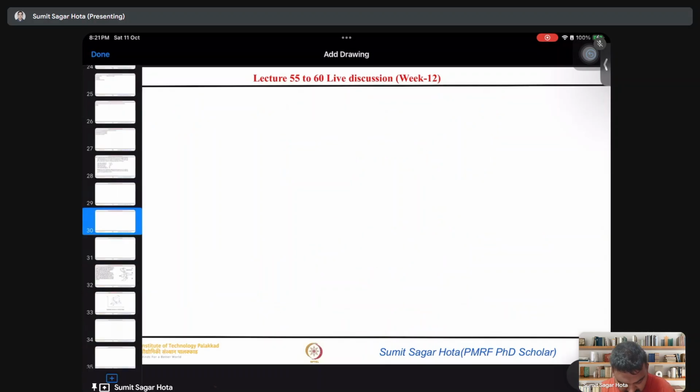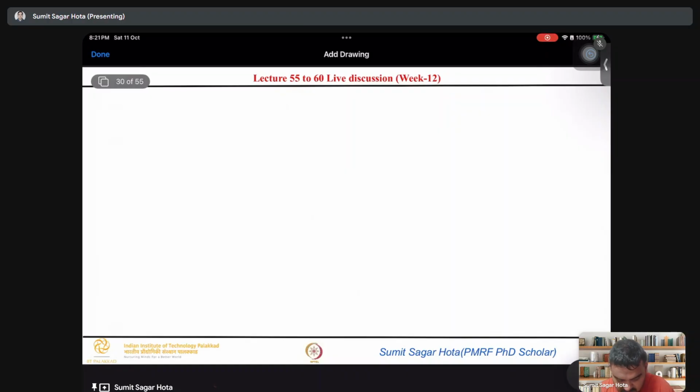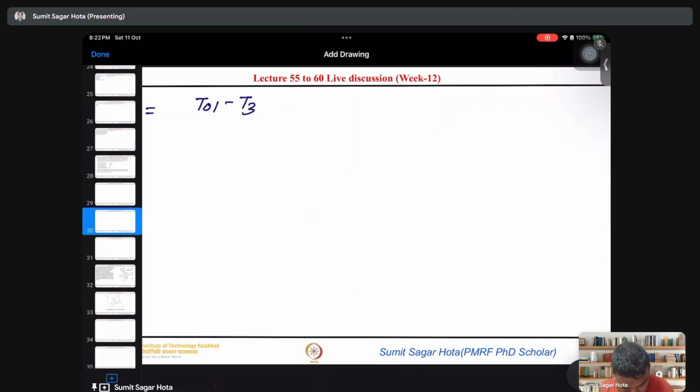So to find out the eta t, what we will do, we'll just take the ratio. Okay, eta t is equal to what? T naught 1 minus T3 dash divided by T naught 1 minus T naught 3 is equal to, sorry, it's a reverse.